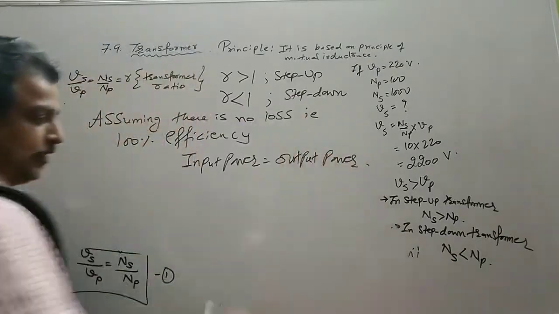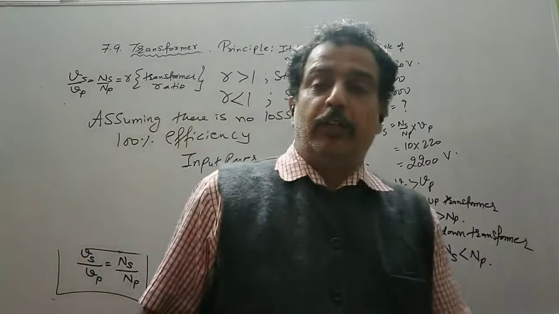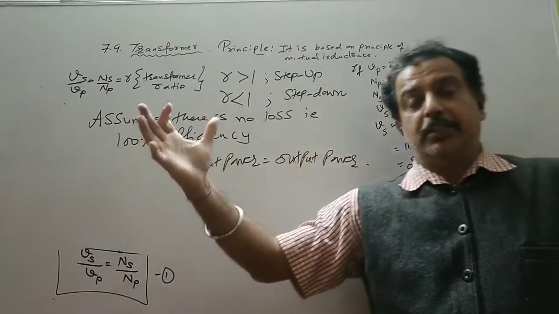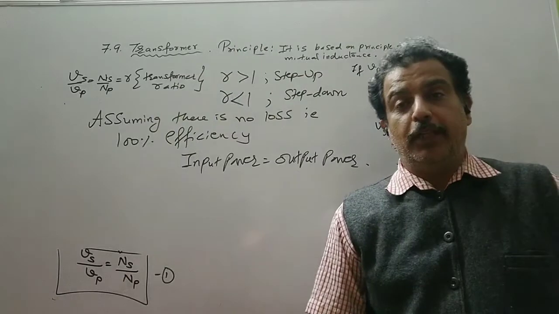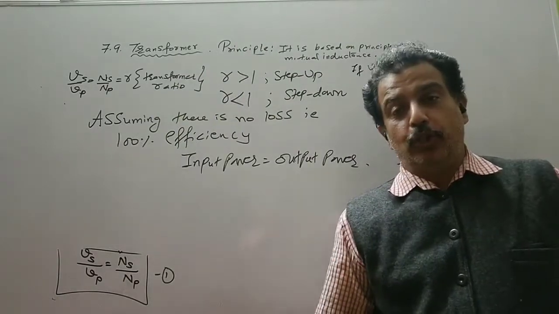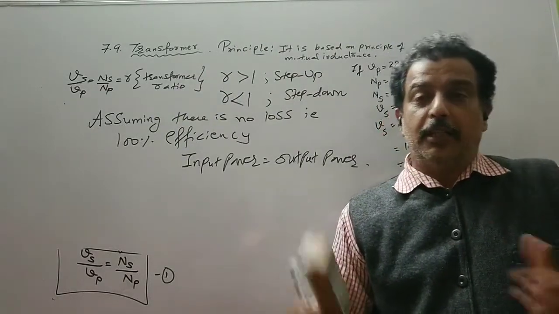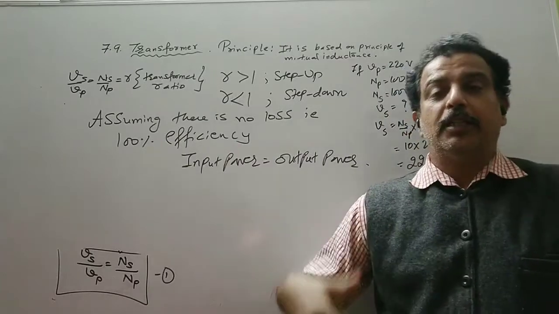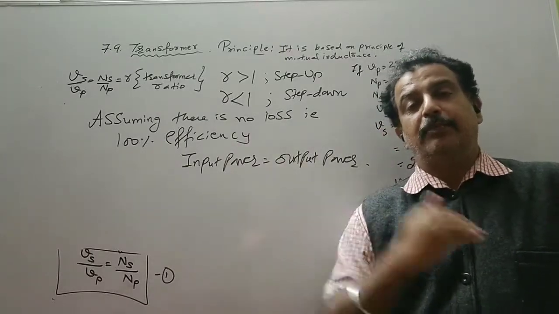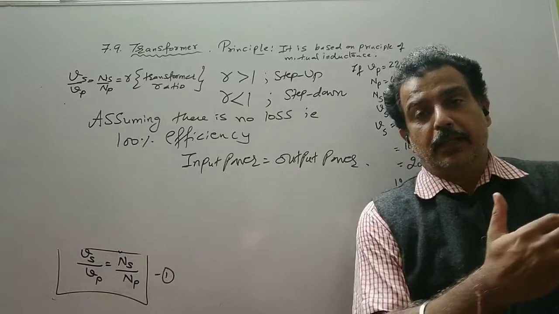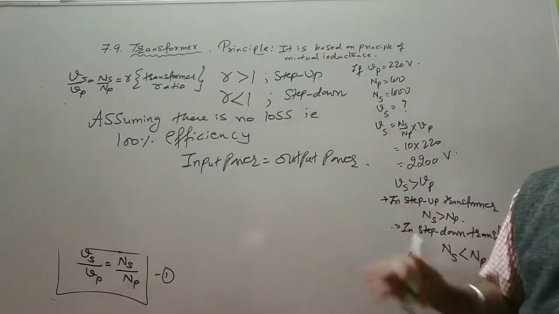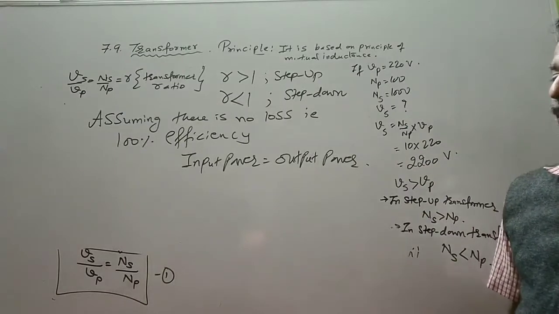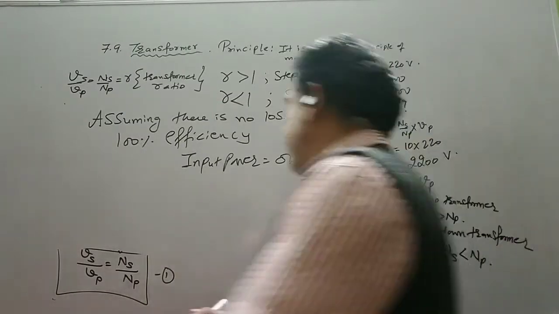So we have discussed this initially, that whatever power is produced at a power station, that entire power has to be transferred to the city or a town, assuming there are no losses, and therefore we need a step up transformer on the power station side and a step down transformer on the consumer side or in a city or town. Now we assume that we have a 100% efficiency of any transformer.